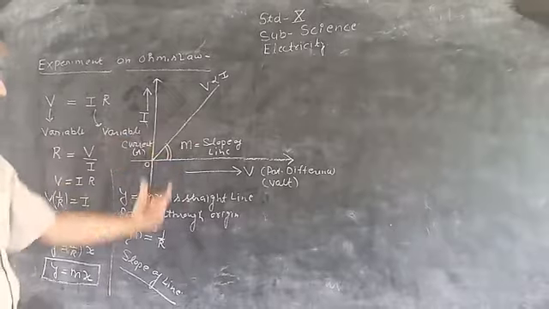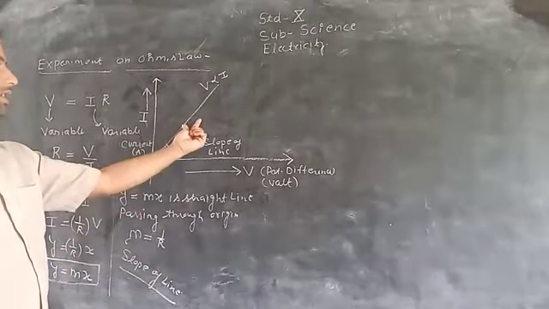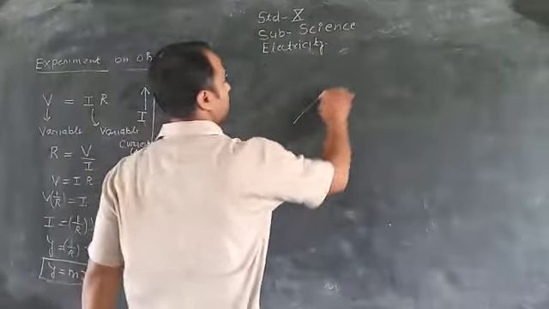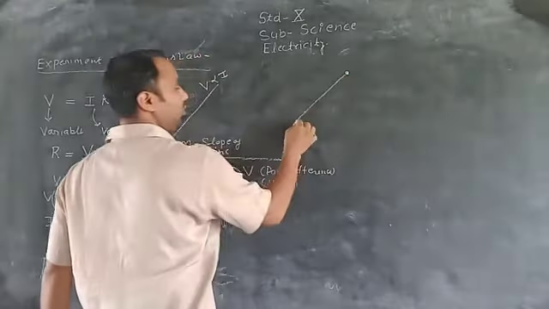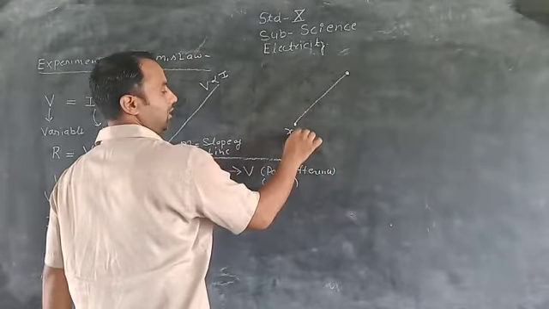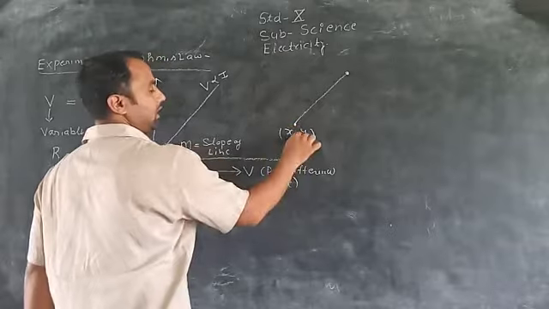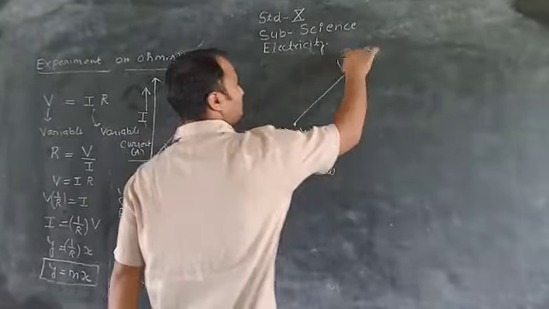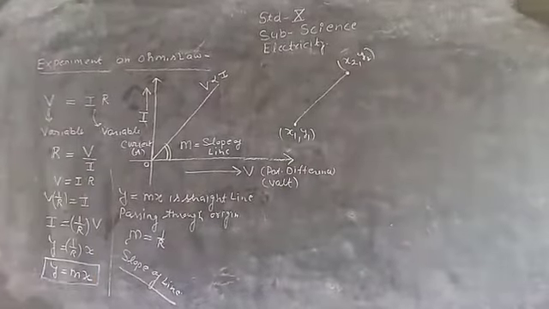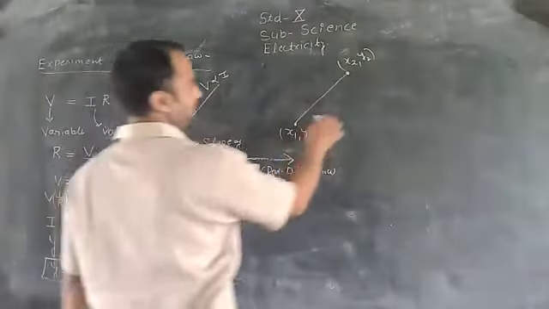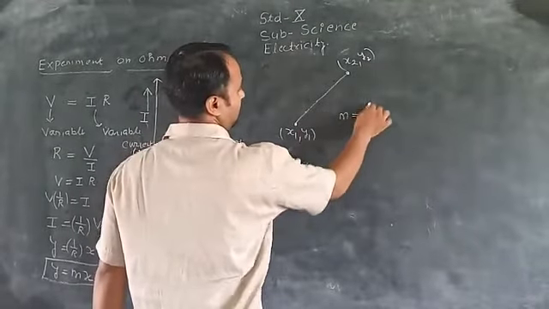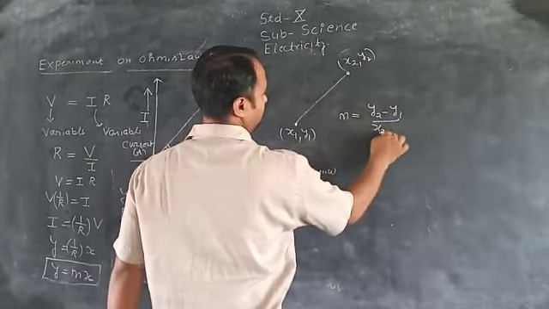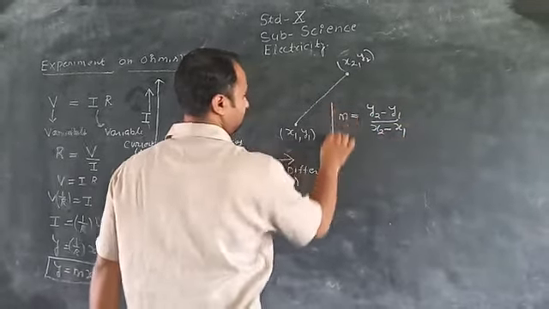So right now we have to write down the slope of the line. How can we find the slope of the line? If there are two points in the space, the first is (x1, y1) and the second is (x2, y2), then we can write the slope of the line m is equal to y2 minus y1 divided by x2 minus x1.